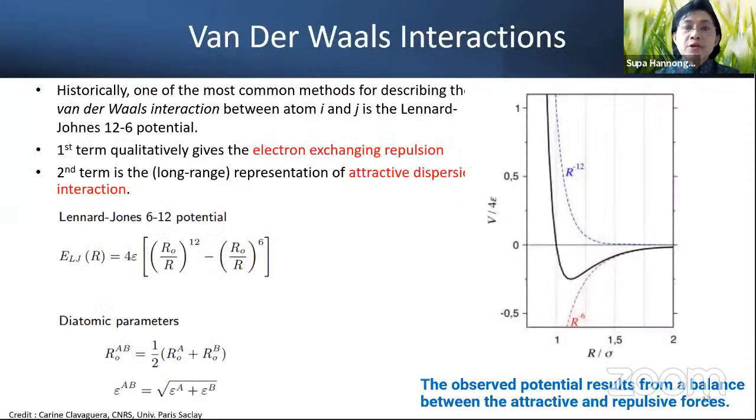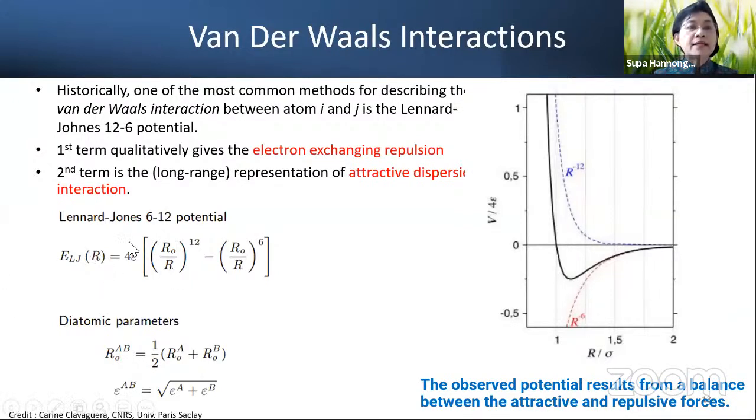And then for the intermolecular interactions that I introduced to you, the van der Waals interaction is very important. From the long history of our knowledge, one of the most common methods to describe van der Waals interactions between atom I and atom J is the Lennard-Jones potential. We call it the Lennard-Jones 12-6 potential.